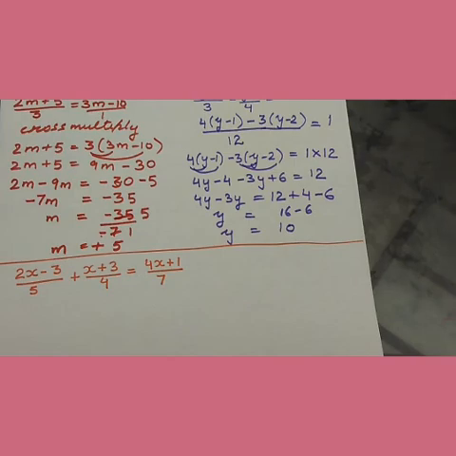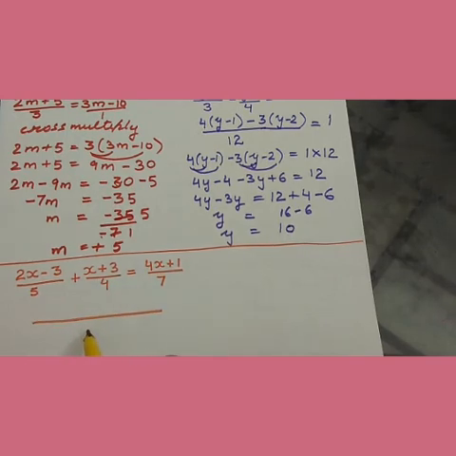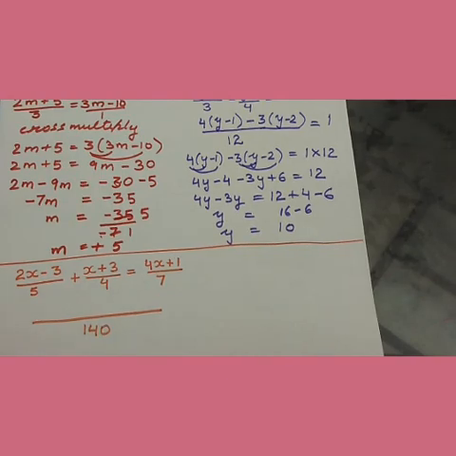a different LCM. So I am going to take a common denominator of all the left hand side and right hand side, that is 5, 4, 7. If you find the denominator, it will come out to be 140. Since they do not have any number in common, the common LCM will be the product of all the denominators, that is 5 into 4 is 20, 20 into 7 is 140.